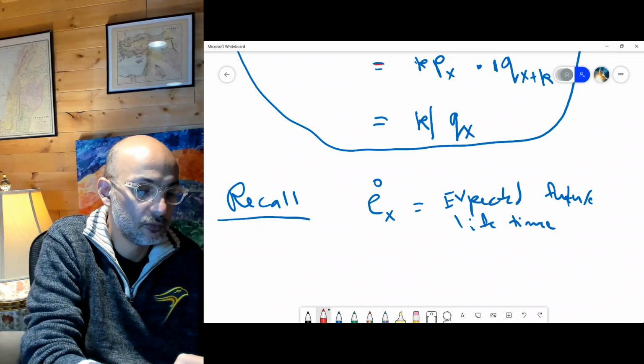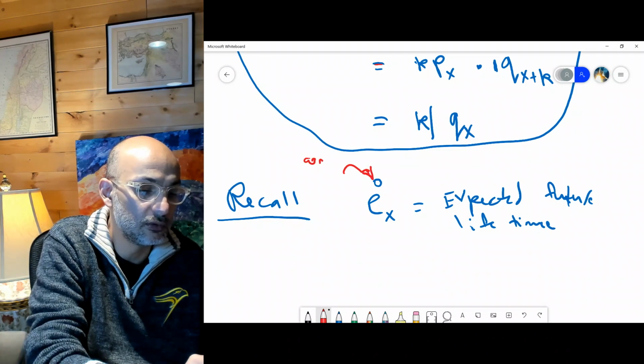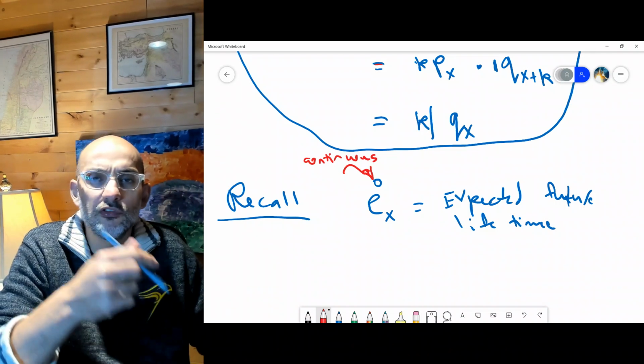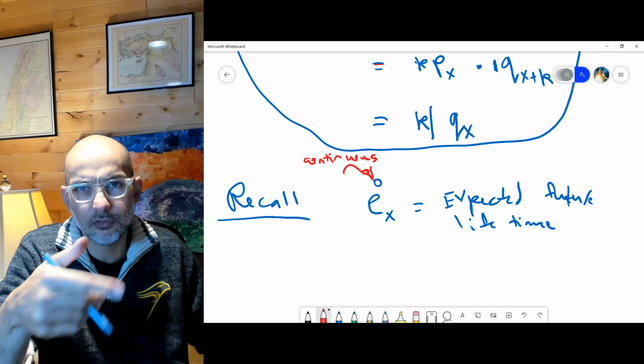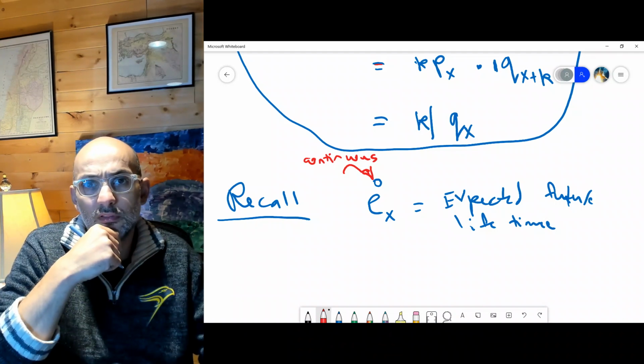This 0 here is to say it's continuous. When we looked at uniform distribution, exponential, all those are continuous distributions. But in our case now, we're dealing with discrete distribution.